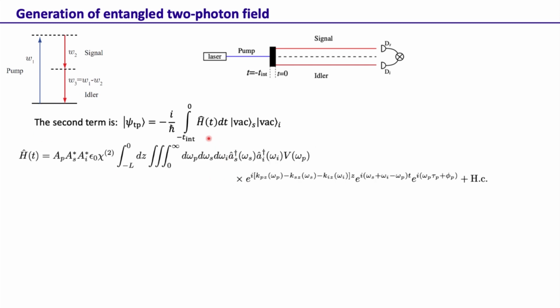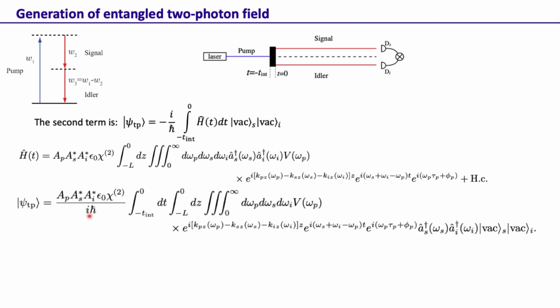Now we have already derived the Hamiltonian for this a few slides back, and that is the expression that we have here. So the 2-photon state that gets produced at the exit face of this crystal or the nonlinear medium is given by this long expression. Here we have an integral over this interaction time.